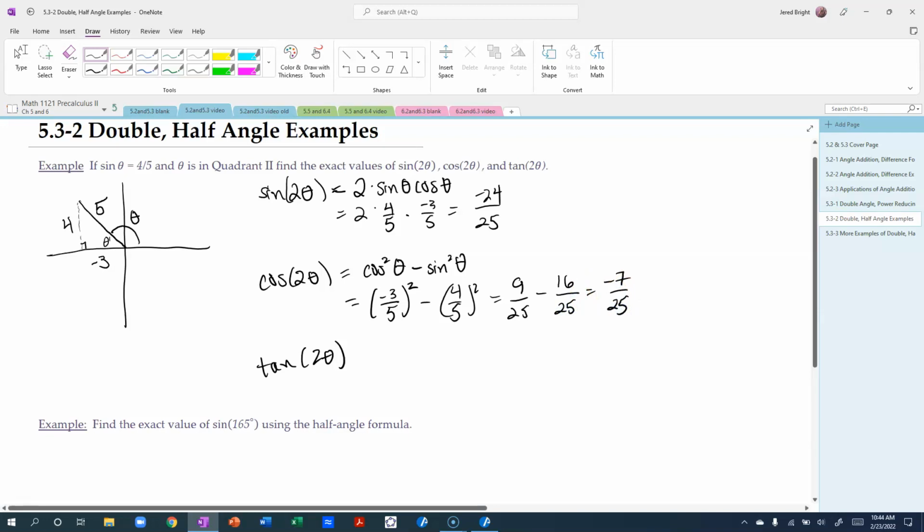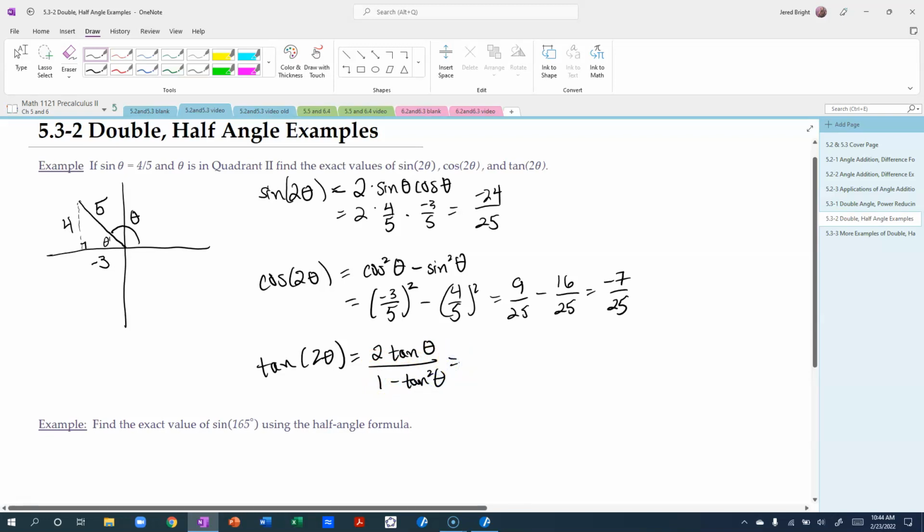And then for tangent, I'm going to do it via the formula, and then I'm going to show you maybe a cheating way to do it. So via the formula, 2 tangent of theta over 1 minus tangent squared of theta.